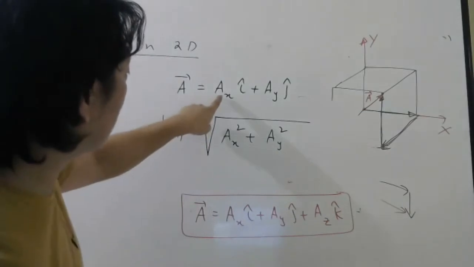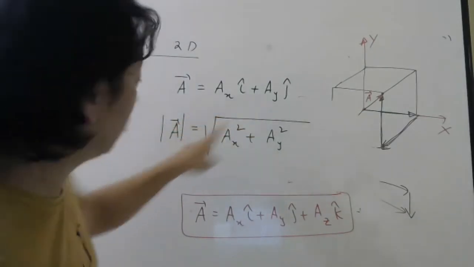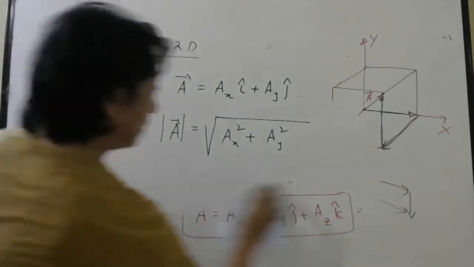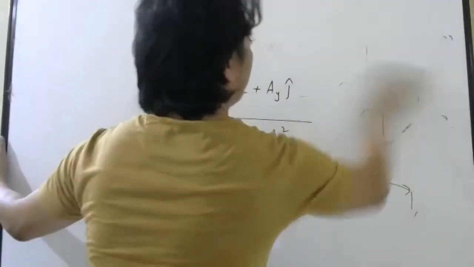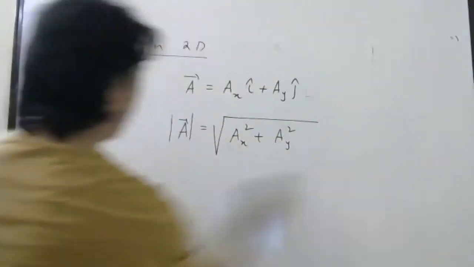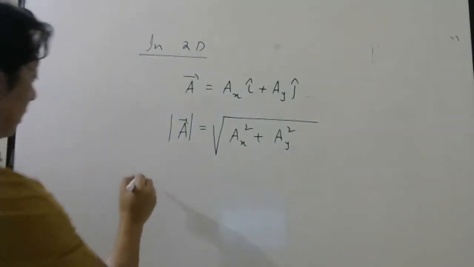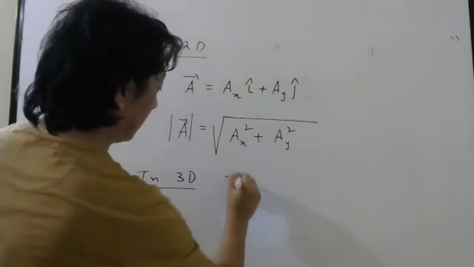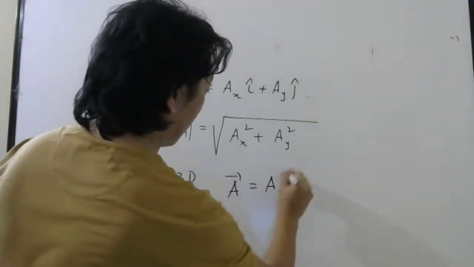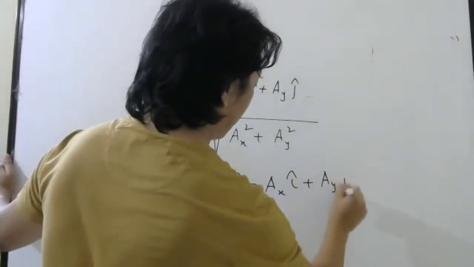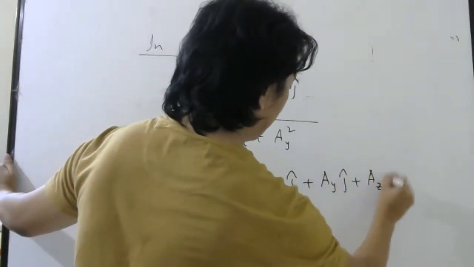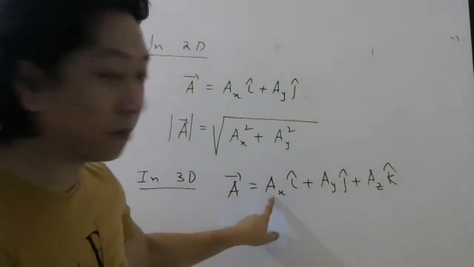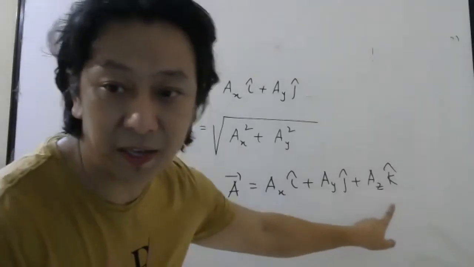So if I give you this number and this number, you can calculate this number. This is in 2-dimension. In 3-dimension, we write a vector A_x i cap plus A_y j cap plus A_z k cap. Correct? What are these 3 numbers? X component, y component, and z component.